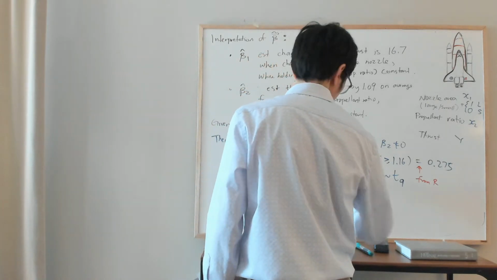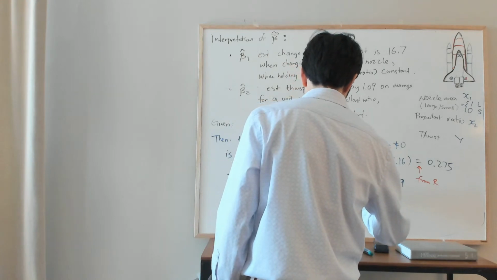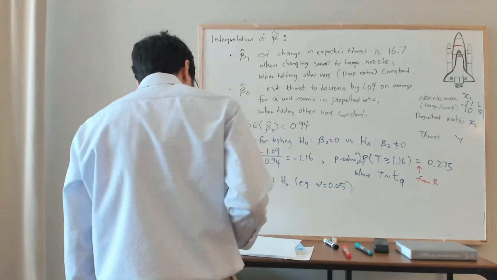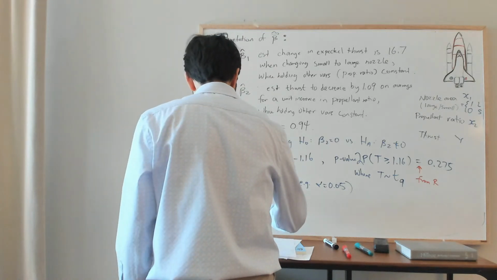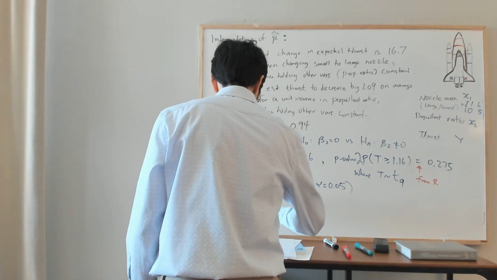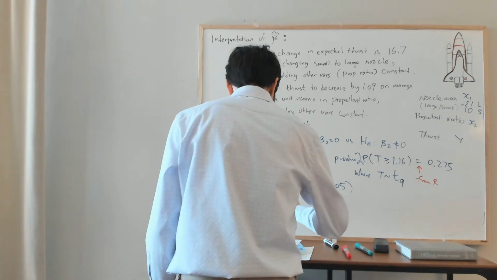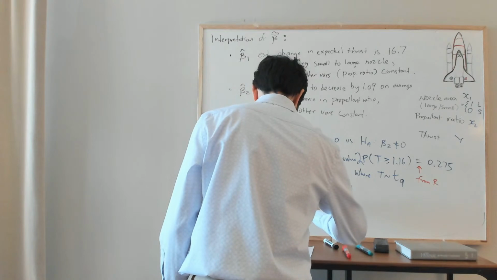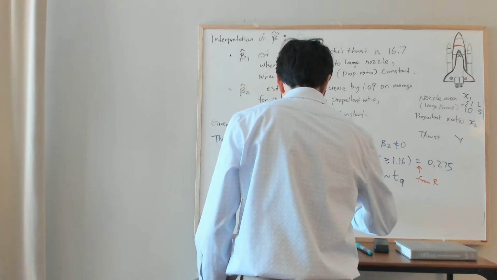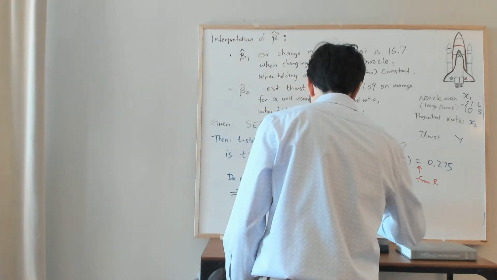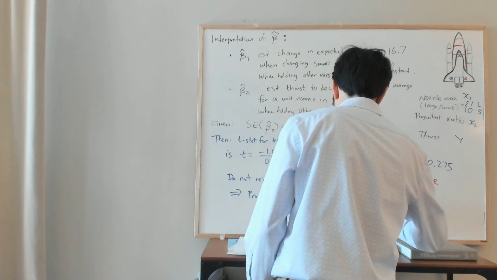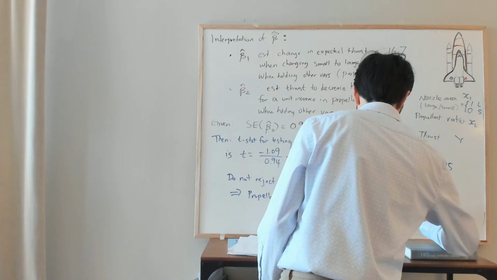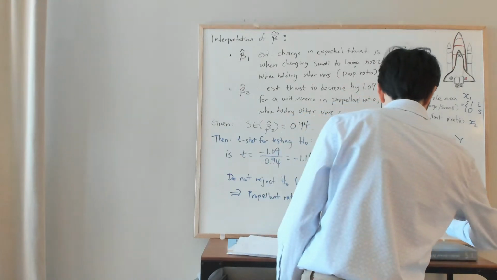Okay, so for example, if we're taking alpha to be 0.05, and conclude that propellant ratio does not significantly influence our response, which is thrust.